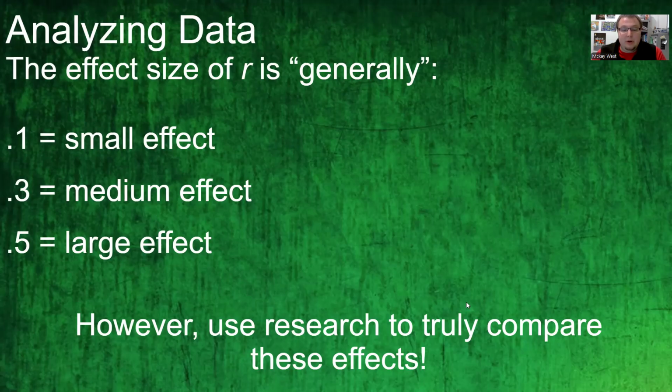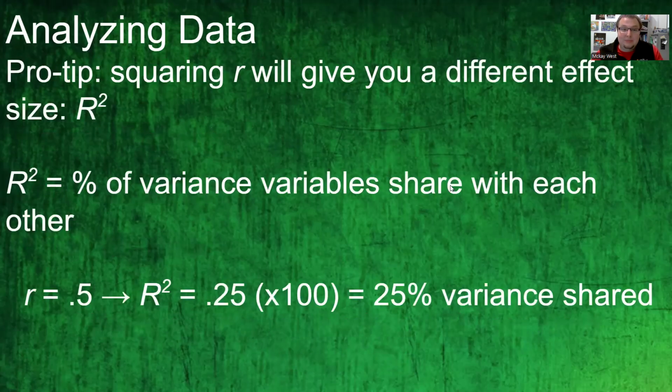It's more important to look at the research that other people have found, because, for instance, you might find a 0.3 in your study, but if everybody else has been finding 0.1s at most, that tells you that you might have found something particularly large in your study. Even though it's a 0.3 by our current table here, a 0.3 in comparison to only ever 0.1s from other people tells us that this study's probably got something worth exploring or looking into. So that's one way you can interpret effect sizes of correlations.